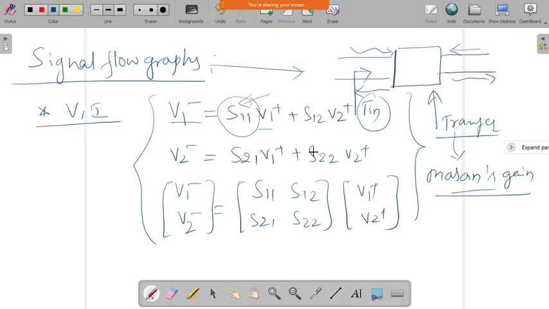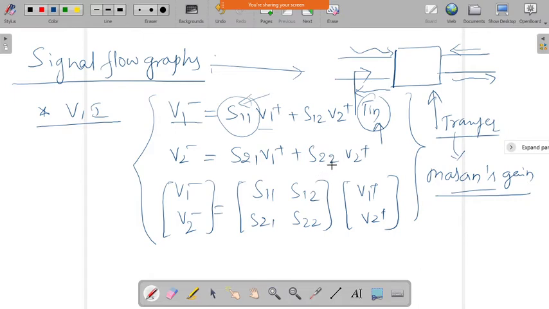Compared to the block diagram method, it is a very easy and simpler way to reduce the microwave network for a particular variable, and it makes it easy to find the voltage and current.